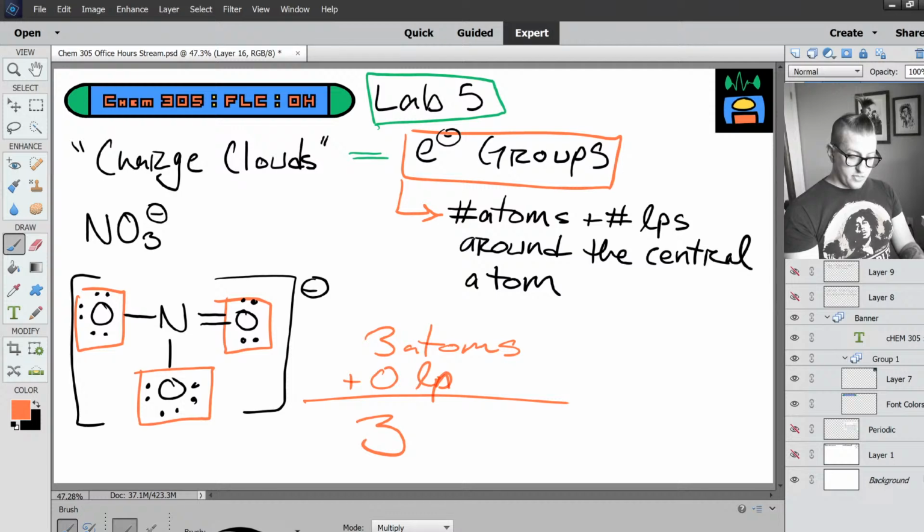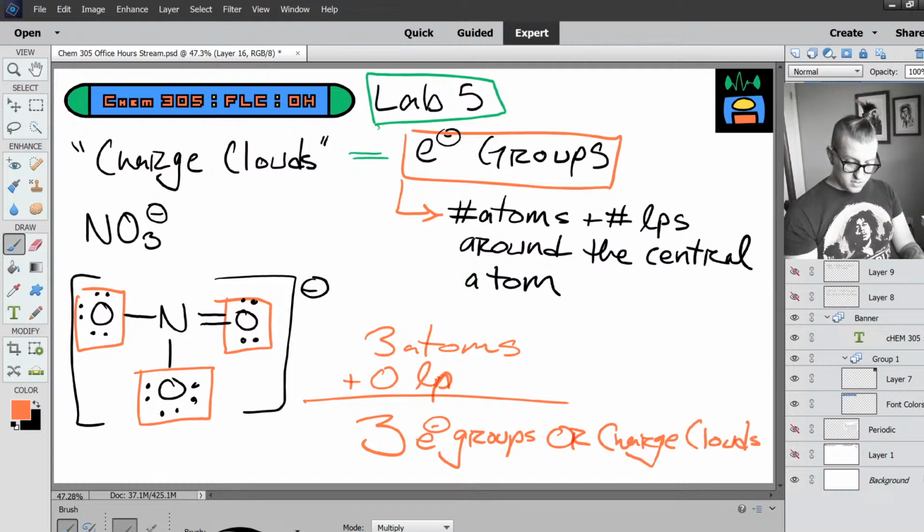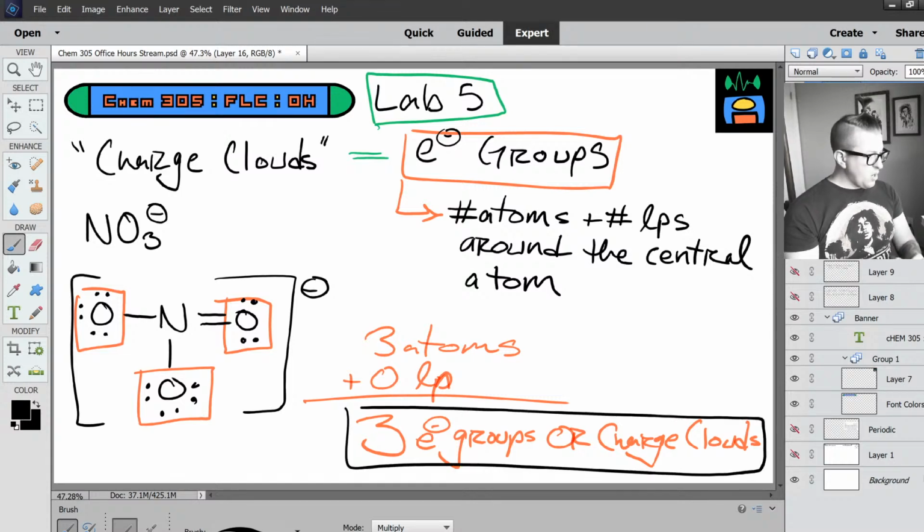And so there are 3 electron groups or charge clouds. Hopefully that makes sense. Let me know if it doesn't.